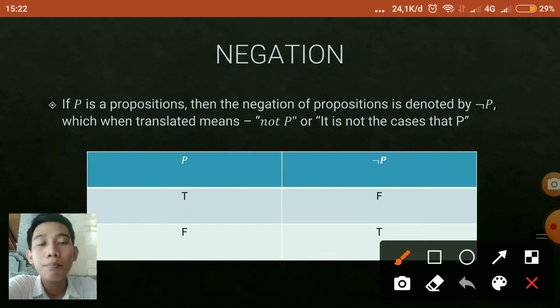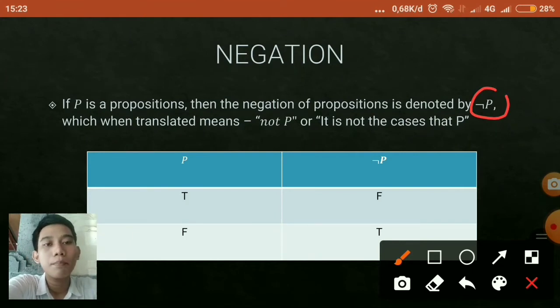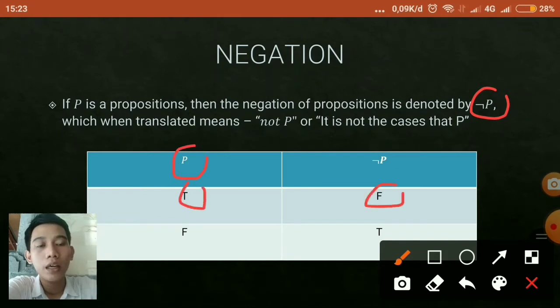If P is a proposition, then the negation of the proposition is denoted by this, which when translated means not P, or it is not the case that P. If a proposition is true, then not P is false. If a proposition is false, then not P is true.